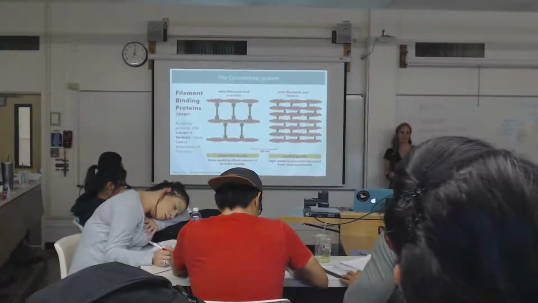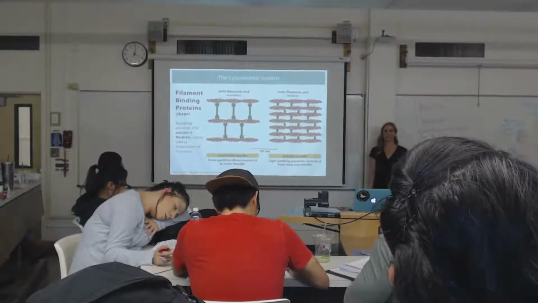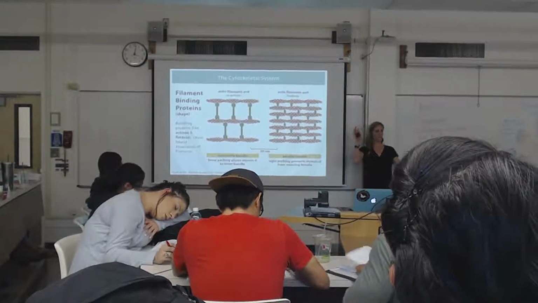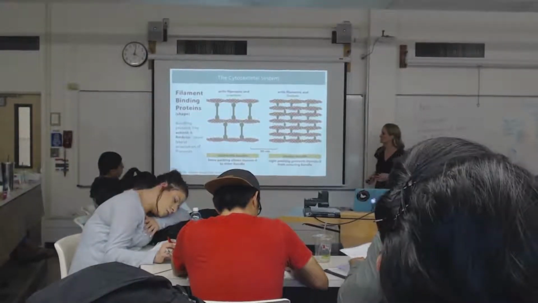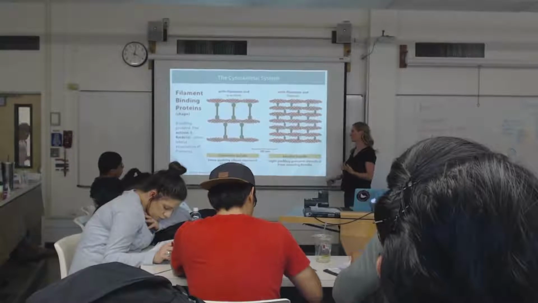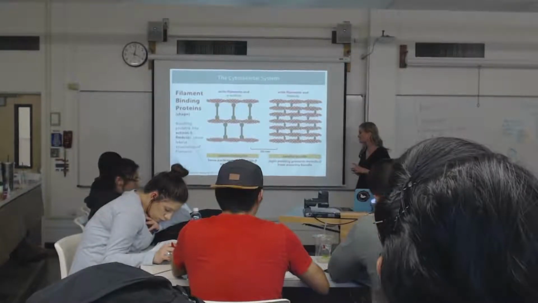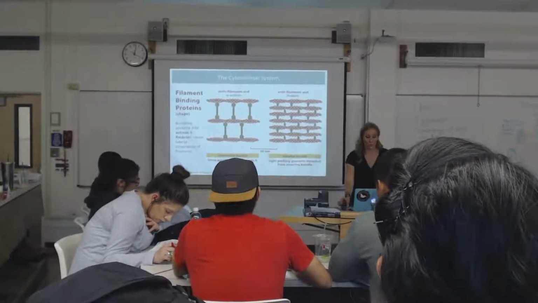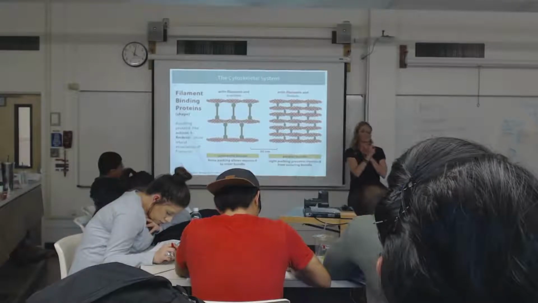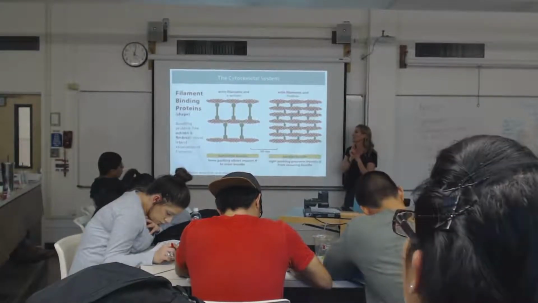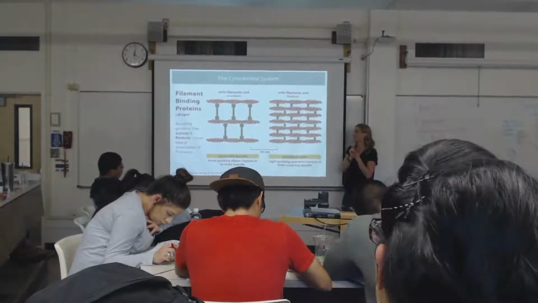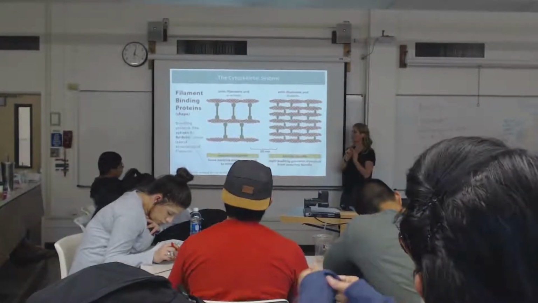Okay, so we figured out how to grow these filaments. How do you get them into shape? That's where these filament binding proteins, sometimes also called bundling proteins, come into play. On this slide, we have actinin, or alpha-actinin, and fascin.